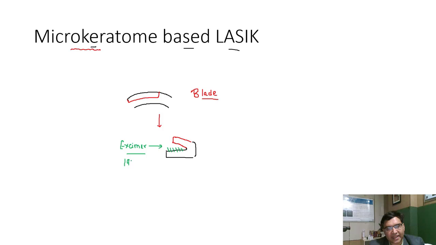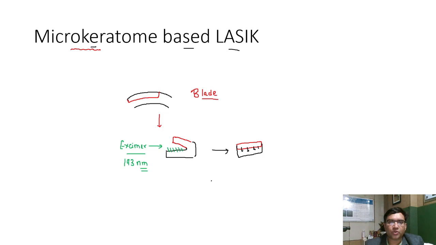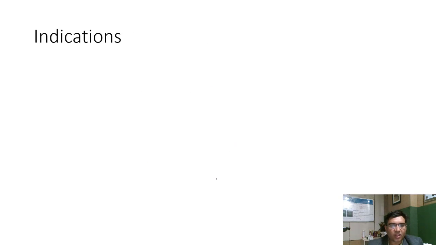After the photoablation, we used to reposition the flap over the stromal bed. So we have changed the thickness and the curvature of the cornea, and then repositioned the flap over the stromal bed. This was the procedure of the microkeratome based LASIK.